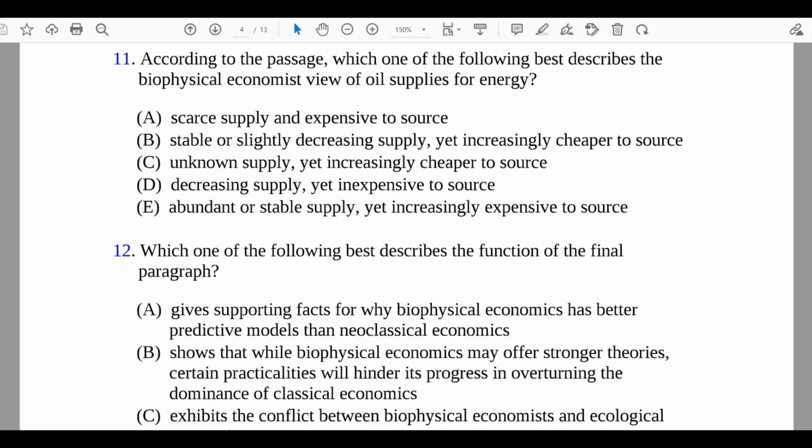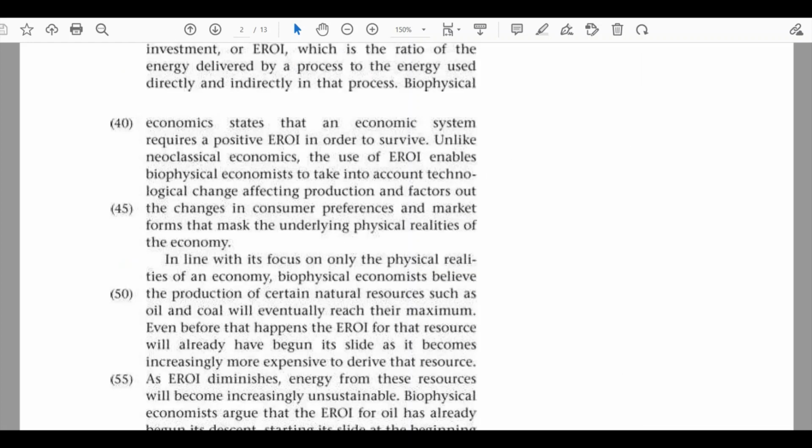This is an information retrieval question, guys. The question asks you to identify among the possible answers the view that the biophysical economist has of oil supplies for energy. You need to look back at paragraph 3 and read the last sentence. Here it is, paragraph 3 and the last sentence.